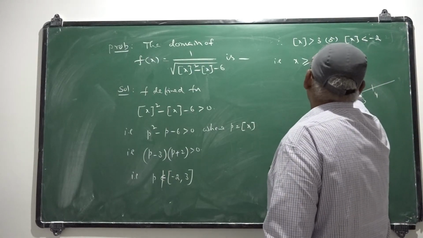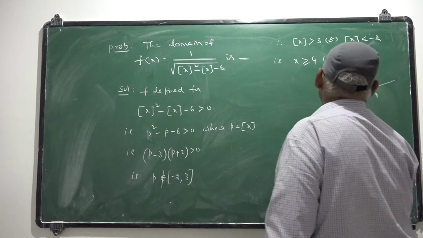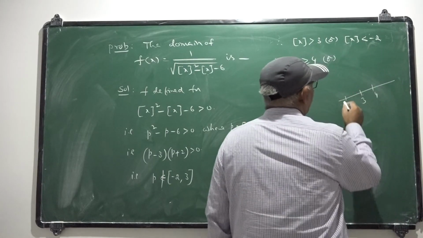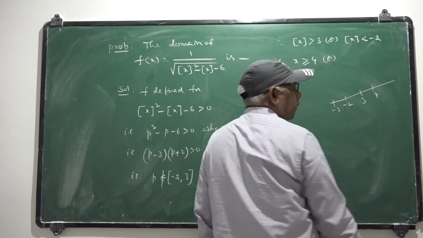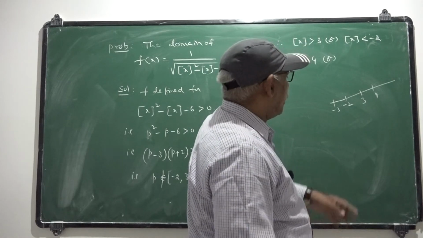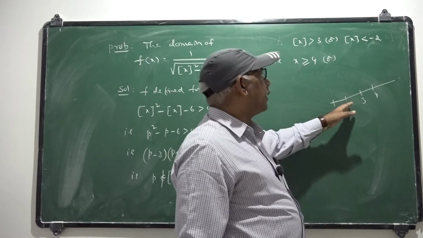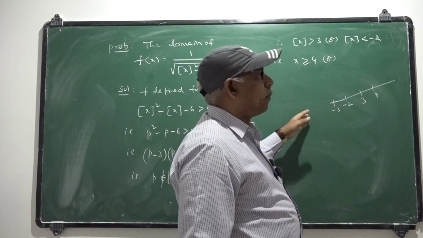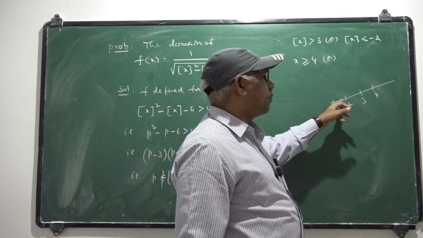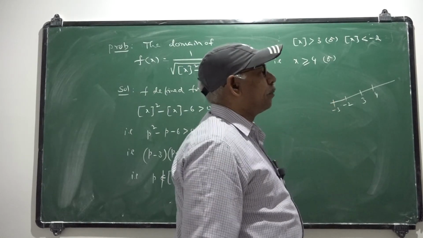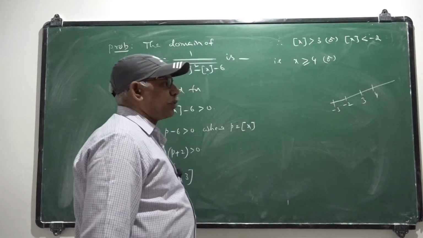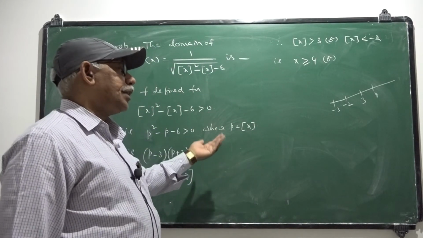Similarly, step x is less than minus 2 means x is less than minus 2 itself. Once x lies between minus 3 and minus 2, suppose minus 2.5, it takes minus 3.